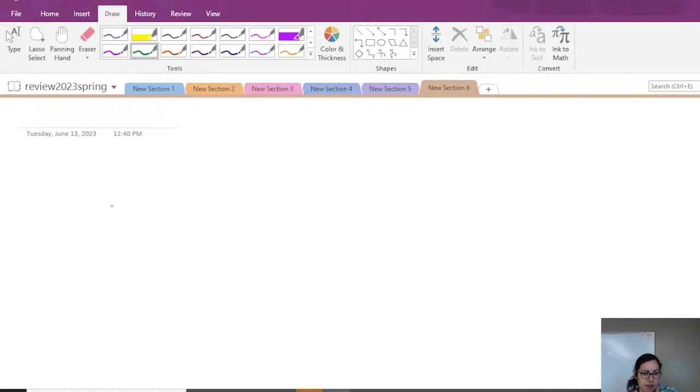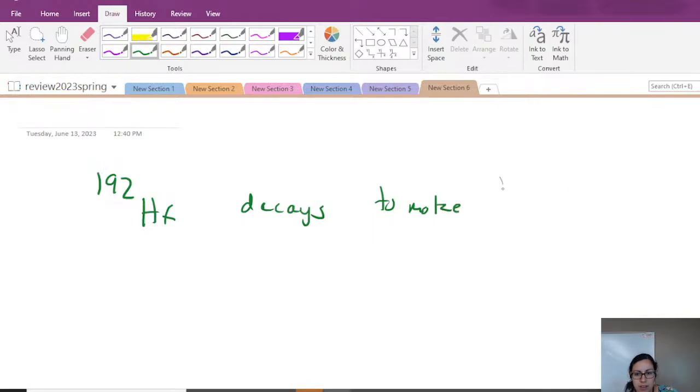So let's say you have hafnium 192 and it decays to make 3 beta particles and another daughter species.